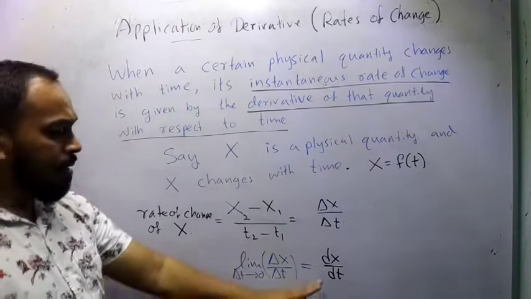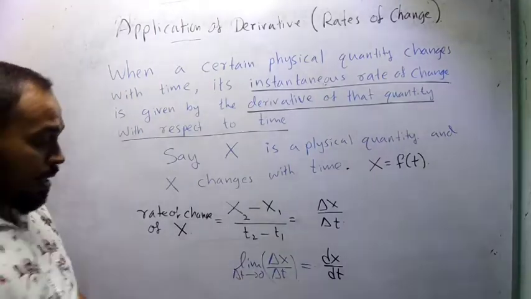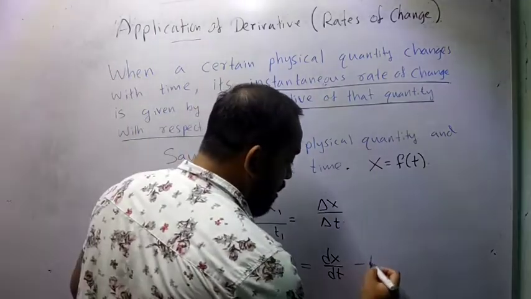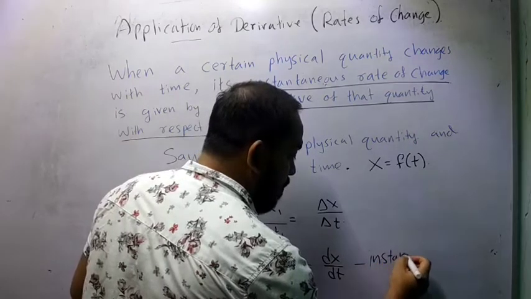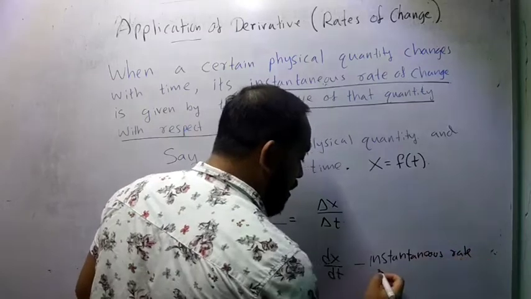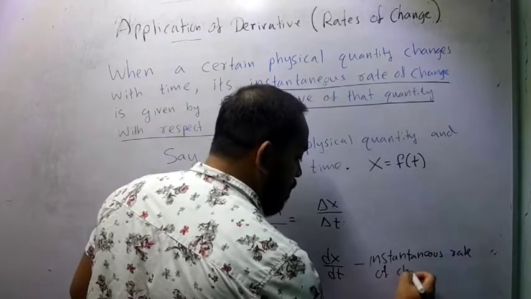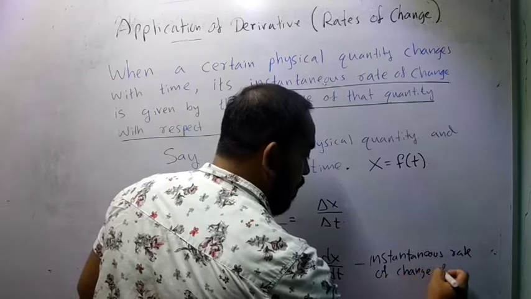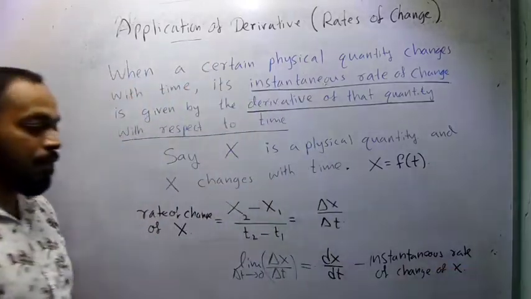Anything. dx by dt would give you the instantaneous rate of change of that quantity.